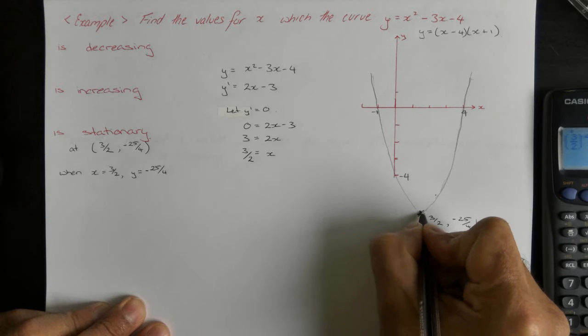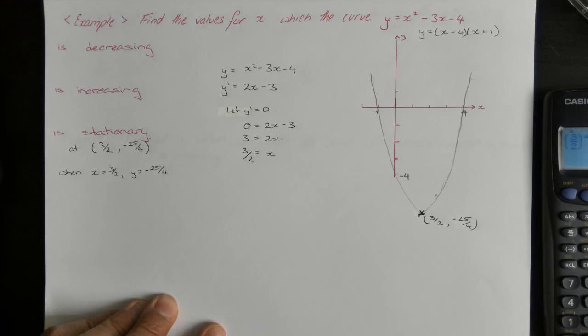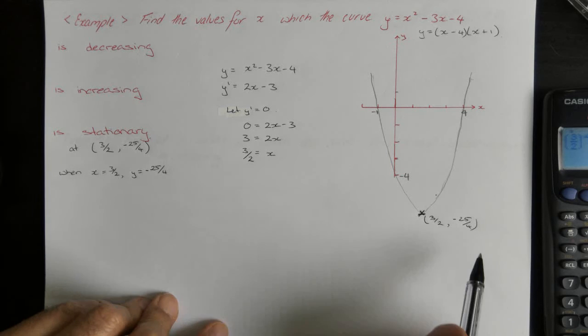So this point here is 3 over 2 and -25 on 4.